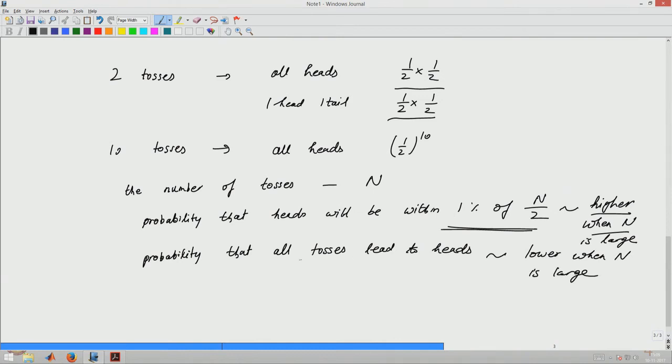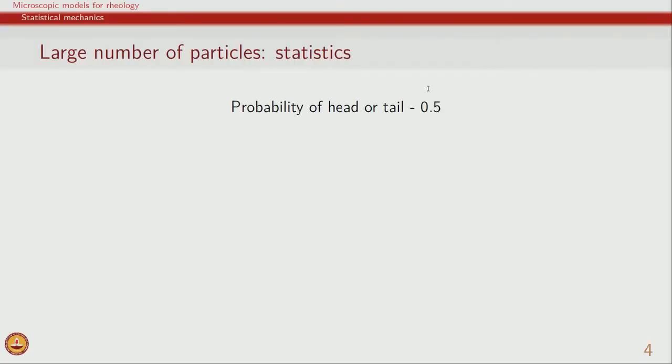Again we saw that for all tosses leading to heads, the probability was significant, but it will be lower and lower. So, the fact that a large number n is involved in the microscopic system of our description helps in defining statistics which are relatively easy to deal with.